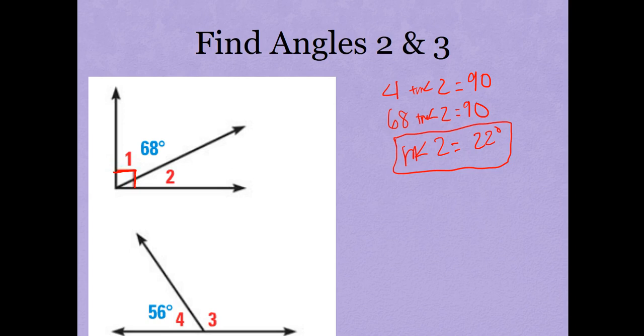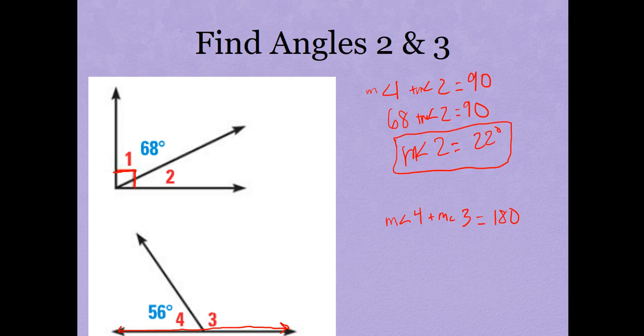Let's look at this next one. This down here is a straight line, and a straight angle is 180 degrees. So these are supplementary, remember. Supplementary means adding up to 180. So the measure of angle 4 plus the measure of angle 3 is 180.